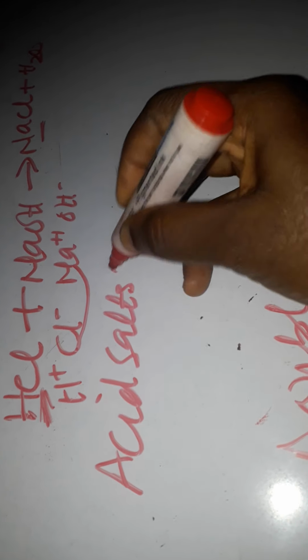For acid salts, acid salts are formed when the replaceable hydrogen ions in the acid are partially replaced by a metallic ion. Normal salt is formed when all the replaceable hydrogen ions in the acid have been completely replaced by a metallic ion.